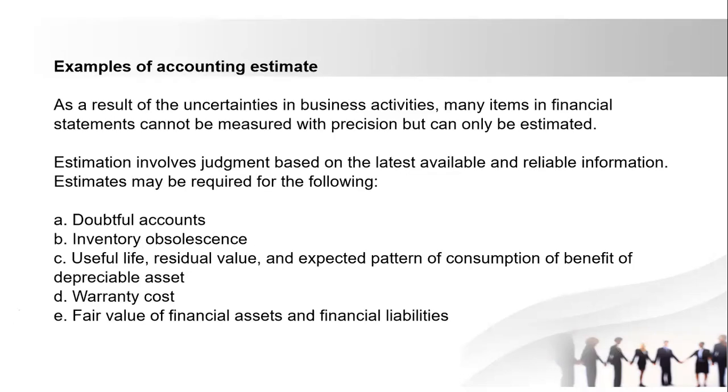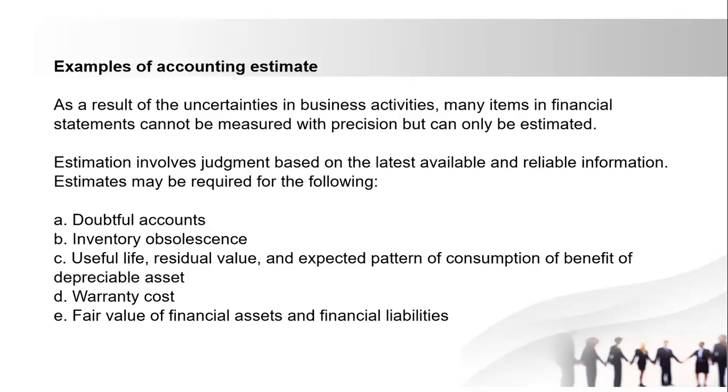Okay, so we have now the examples of accounting estimates as a result of the uncertainties in business activities. Many items in financial statements cannot be measured with precision but can only be estimated. Estimation involves judgment based on the latest available and reliable information.